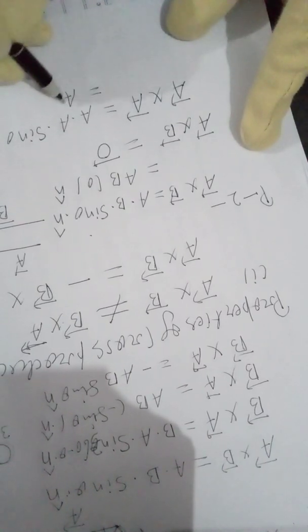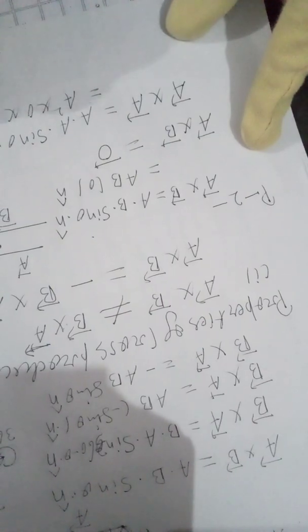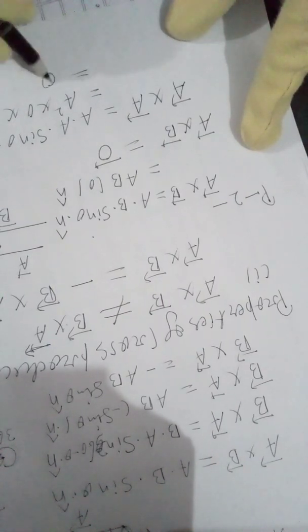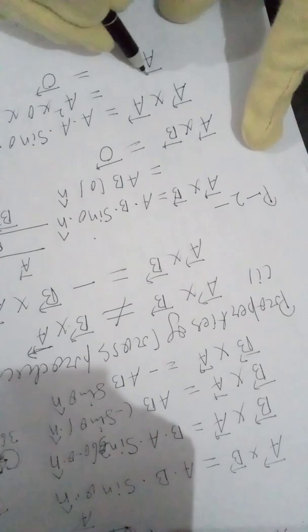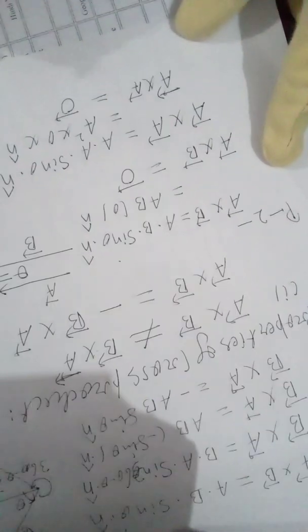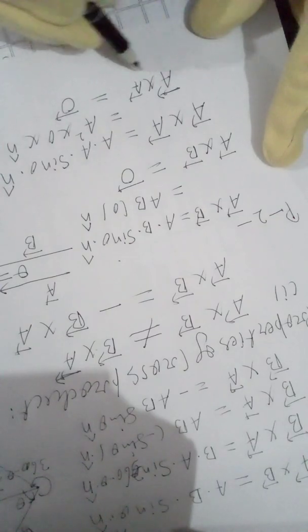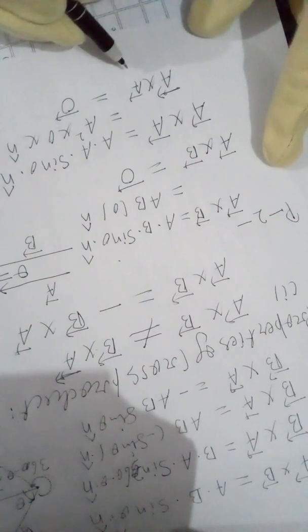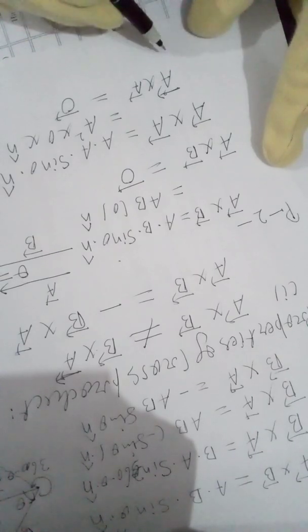So A square, sine 0 is 0, into n cap. So this is 0 vector. Thus the cross product of a vector with itself is a 0 vector.